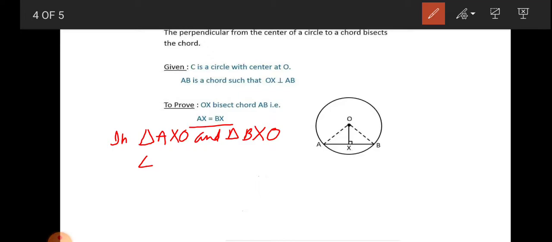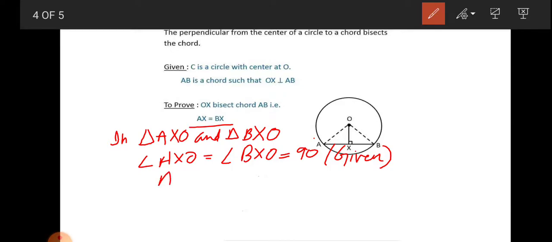Angle AXO is equal to angle BXO, each 90 degrees, as OX is perpendicular to AB, given. AO is equal to BO, radius of the circle.